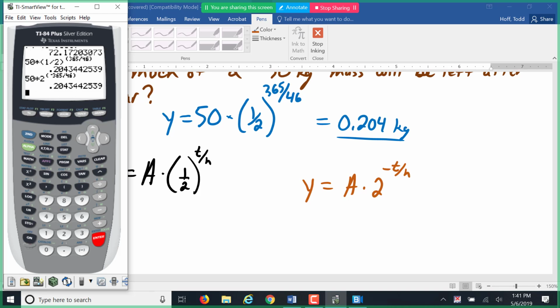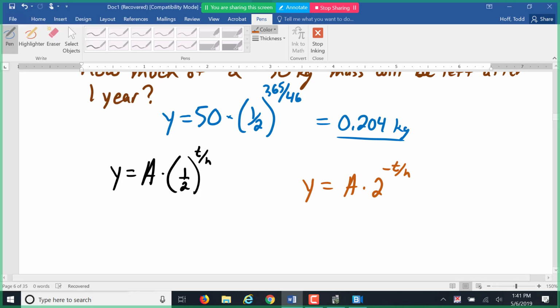You'll notice I still get 0.204. The reason, of course, is that negative exponent. I can split 2 to the negative t over h as 2 to the negative 1, to the power of t over h. And of course, we know that 2 to the negative 1 is the reciprocal, 1/2.